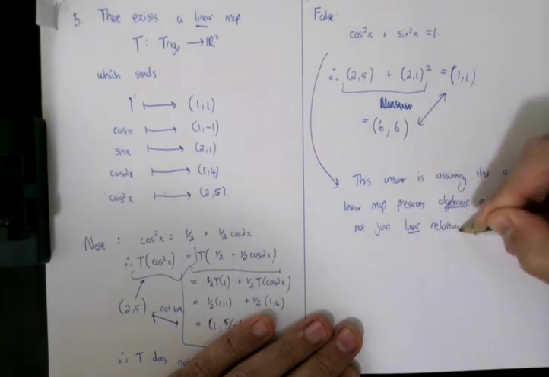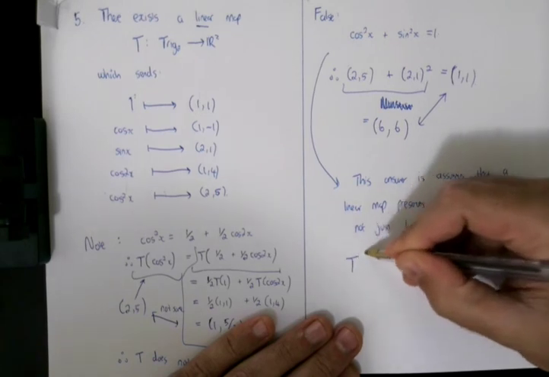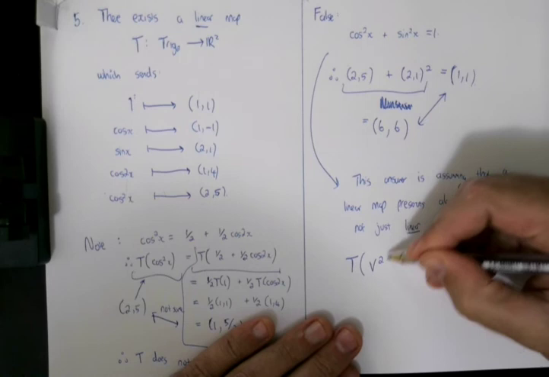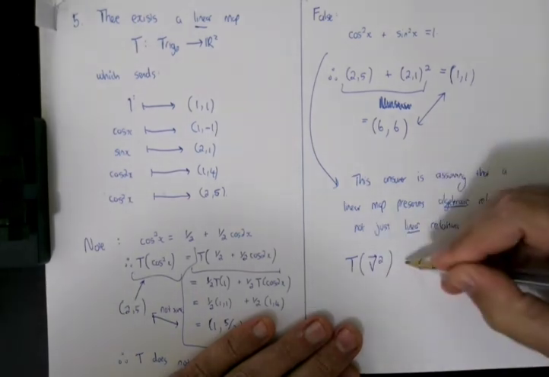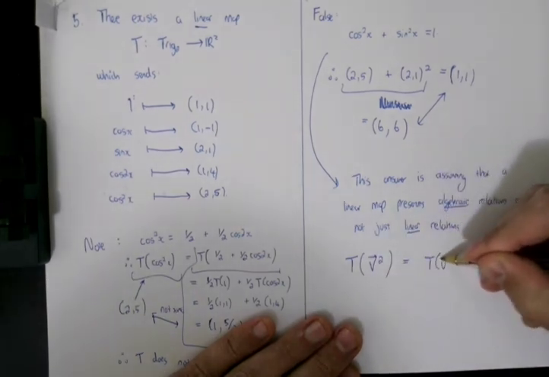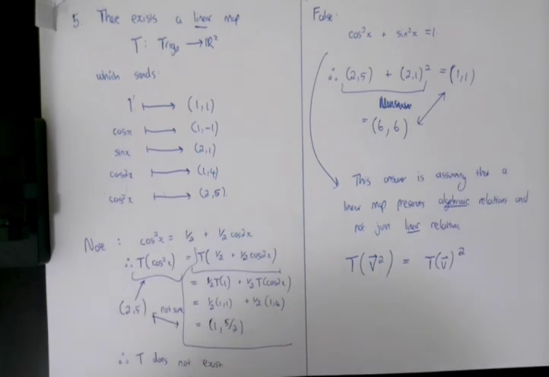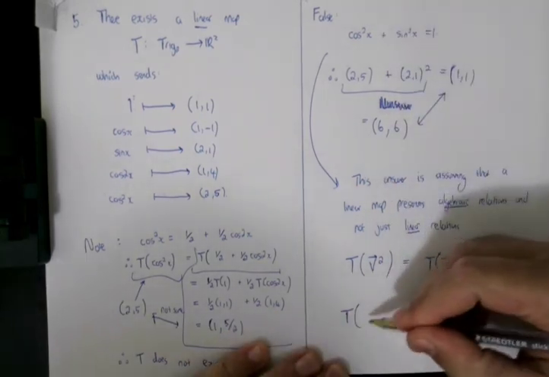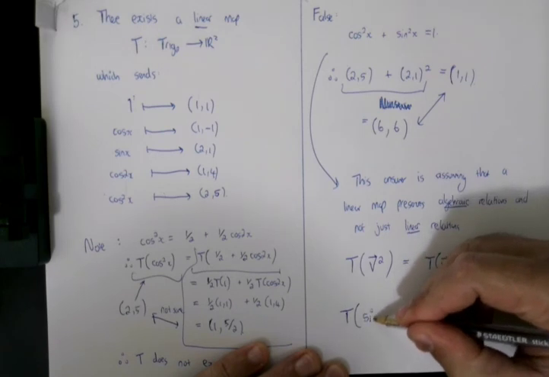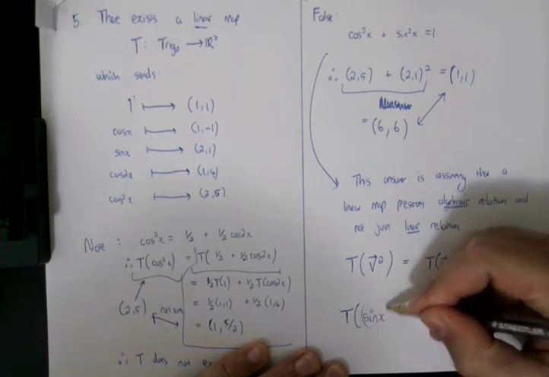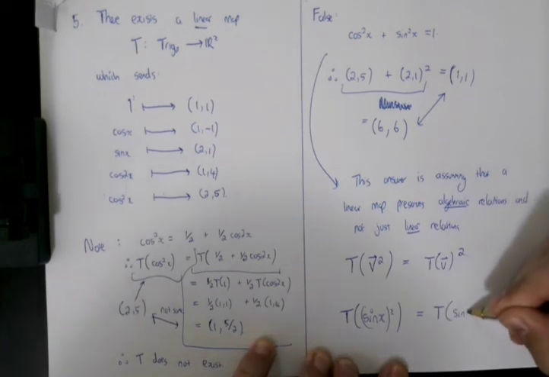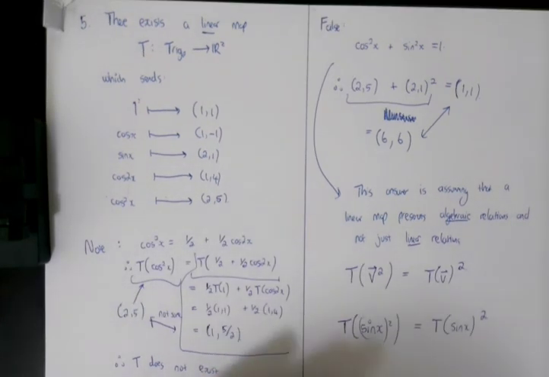In other words, what it's saying is that if you apply T to something like some vector squared, then that should be the same as T applied to the vector all squared. That's the kind of thing it's saying, right? Because we're wanting to apply it to, for example, sine x. Sine x all squared is apparently the same as T applied to sine x all squared.